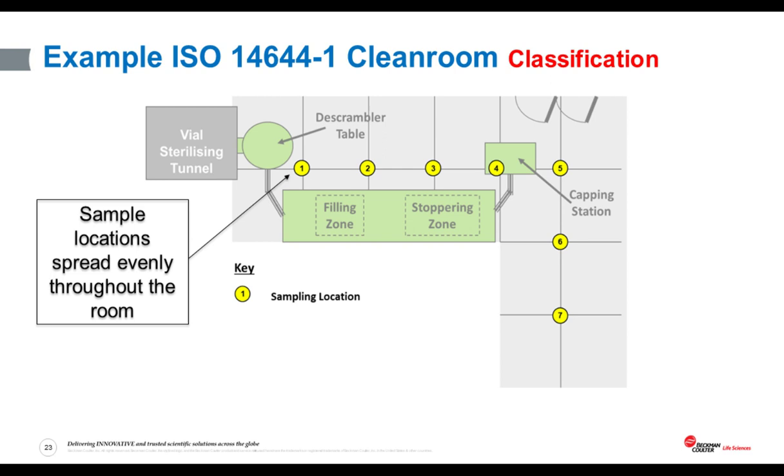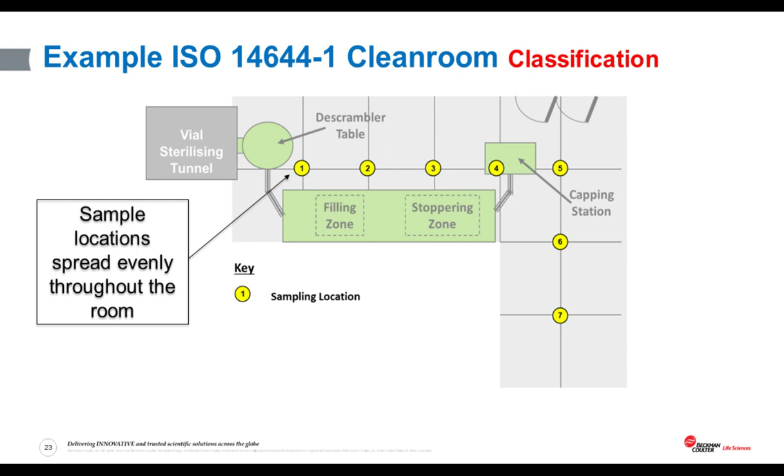Now, this is just an example of clean room classification. It's not meant to mandate anything specific to you, but in this example here, the ISO standard 14644-1 tells the user how to calculate the number of sample locations required for this clean room, and then tells the user to lay these sampling locations out in an evenly distributed grid pattern across the room.